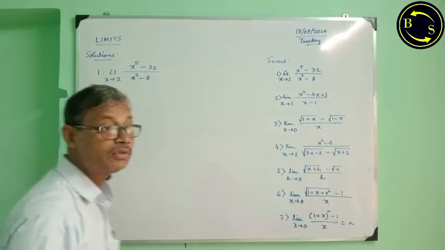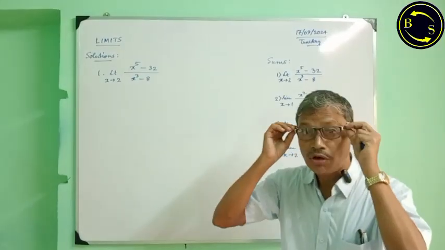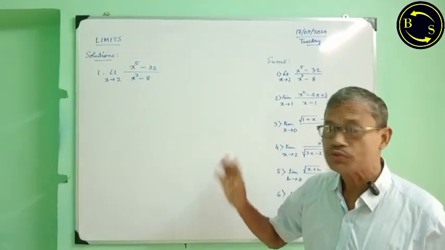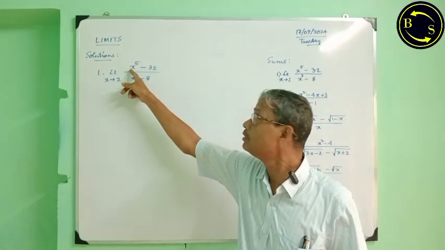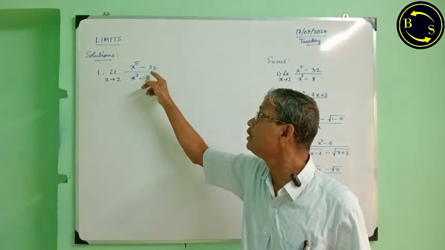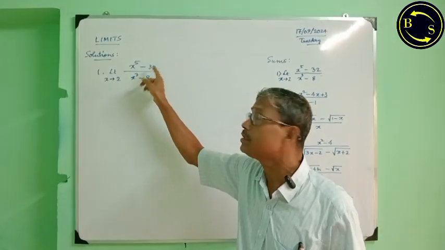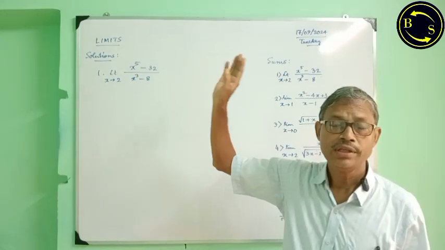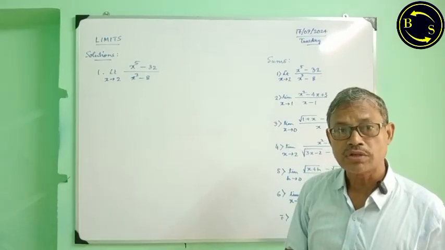After writing down the limit, first let us try to recall the standard limit to be used here. We find x to the power 5 minus 32 at the numerator. Now 32 can be written as 2 to the power 5. That means x to the power n minus a to the power n form. Therefore, in this case, we have to use the standard limit.